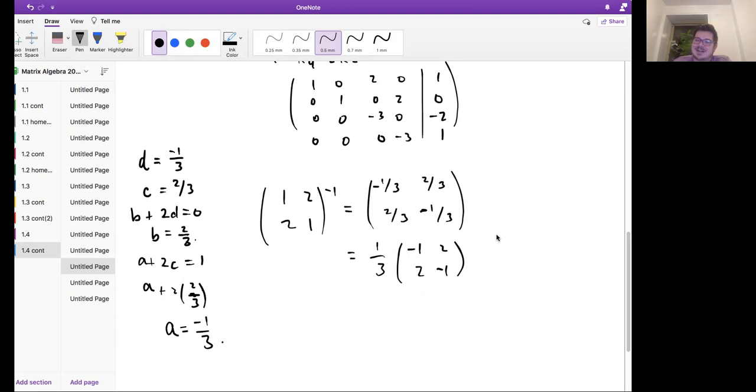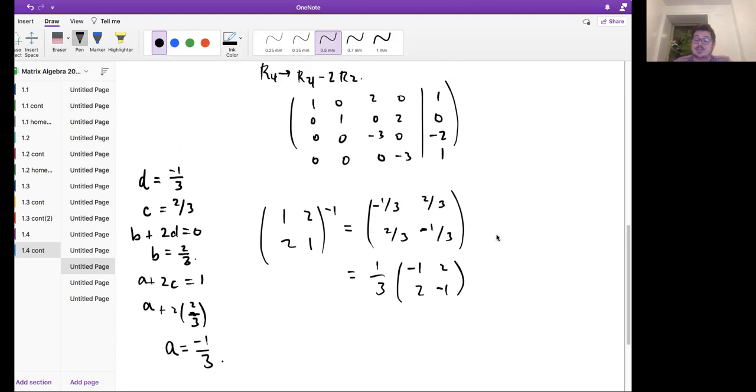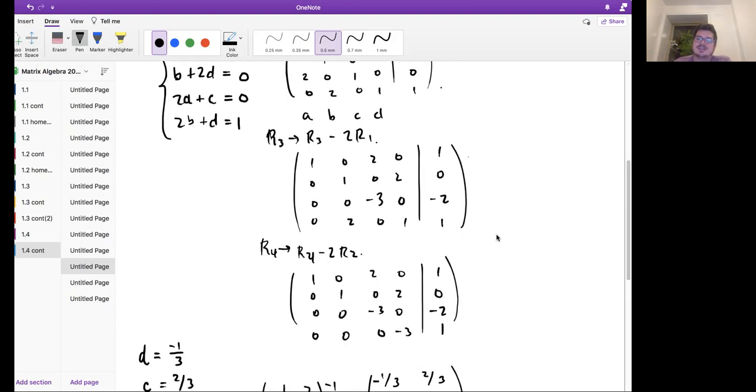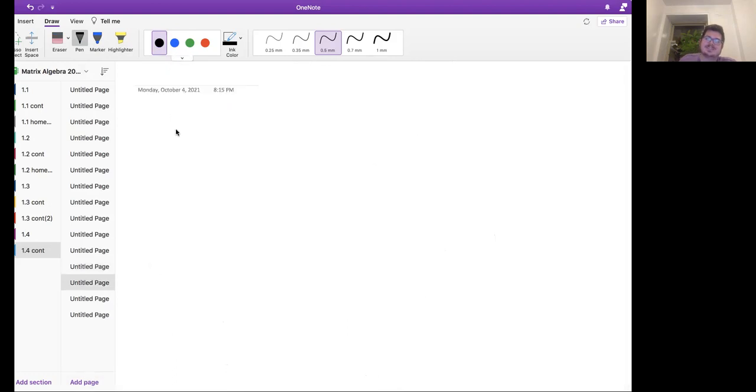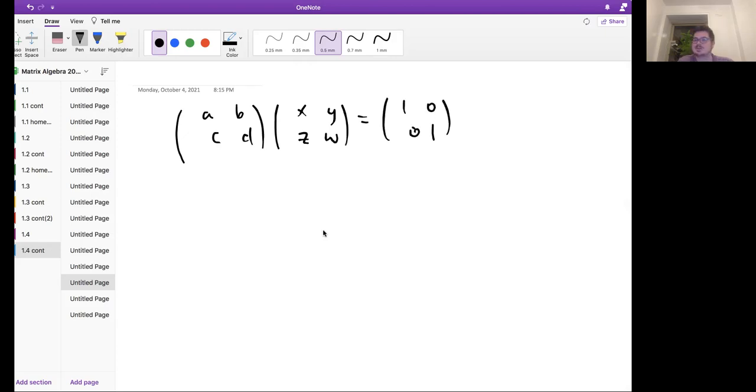But yes, we will actually develop a formula for this, which you actually could do right now. I'll set it up for you, and then you do it. So now you do it. Solve for x, y, z, w.